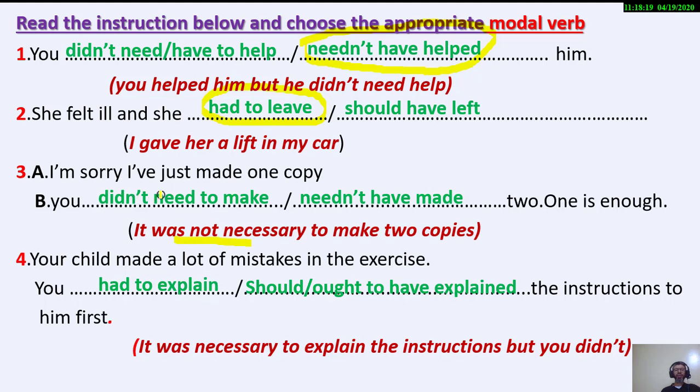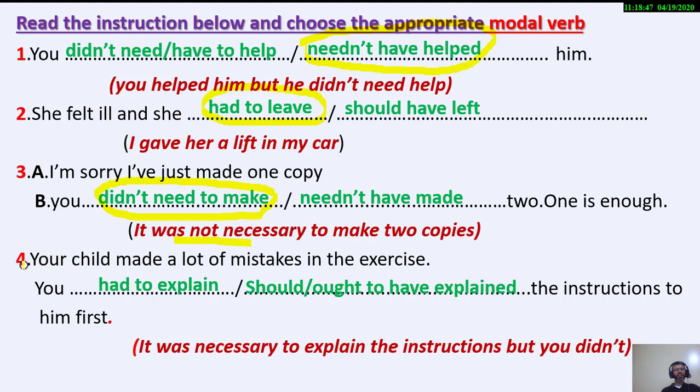So did he do the action? It means 2 copies. No. So the answer, what is the answer here? It is this. You didn't need to make or didn't have to make 2 because it was not necessary and he didn't make 2 copies, just he made 1 copy.